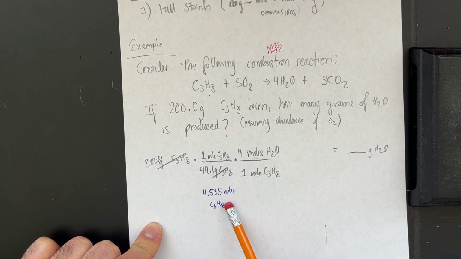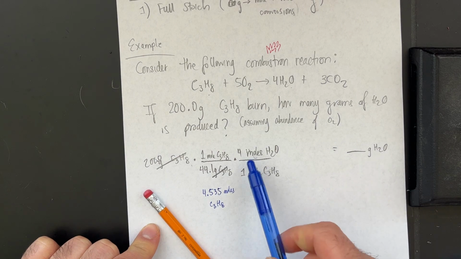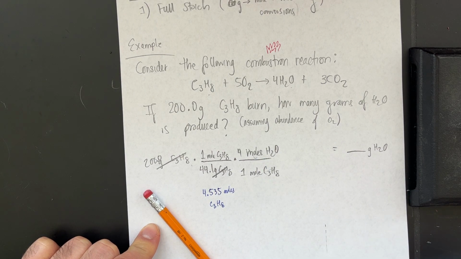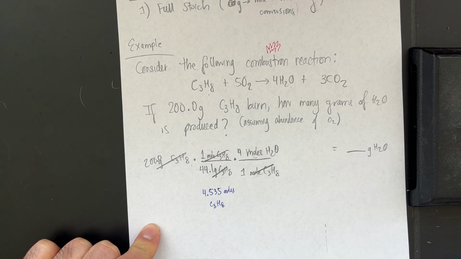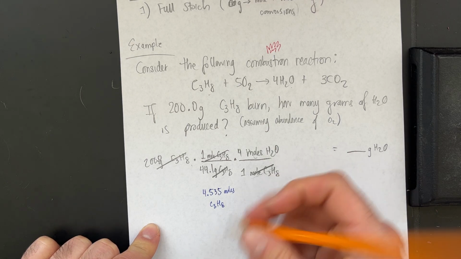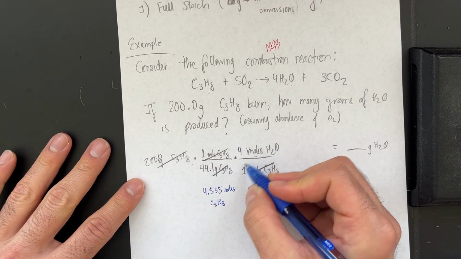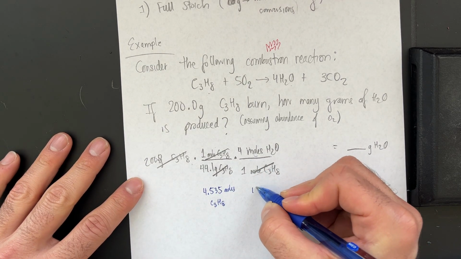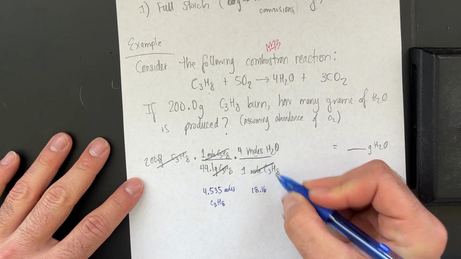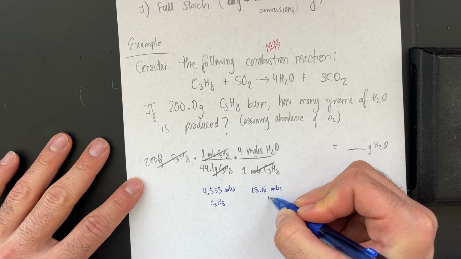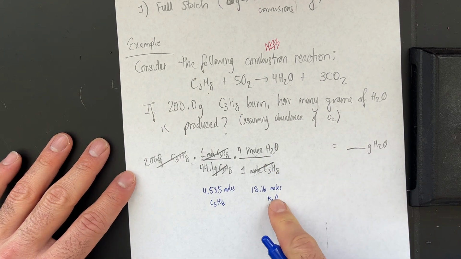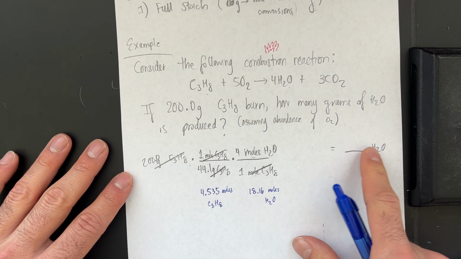Now, you're going to take that moles of C3H8 and multiply it by the mole ratio. And so now moles of C3H8 will cancel out. And again, if you were doing an intermediate step here, 4 times 4.5 is approximately 18. Specifically, it's 18.16 moles of H2O. Now, we're almost there, right? We have moles of H2O, but we want to get to grams.